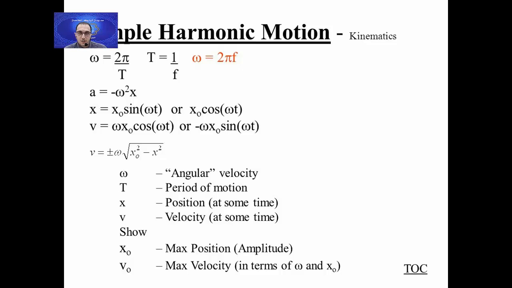Also, we have another formula to find the velocity: v equals positive or negative omega root of xo squared minus x squared. xo is the maximum position or amplitude, vo is the maximum velocity, omega is the angular velocity, T is the period of the motion, x is the position, and v is the velocity.